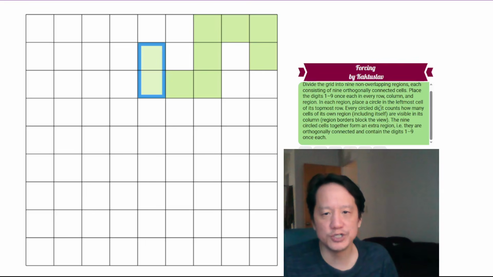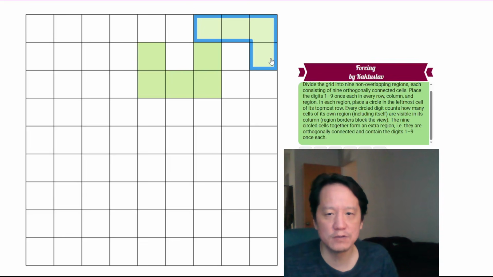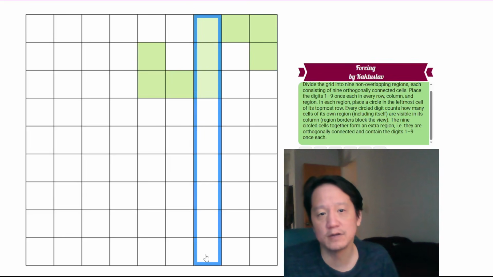In each region, place a circle in the leftmost cell of its topmost row. Every circled digit counts how many cells of its own region, including itself, are visible in its column. In its column specifically.